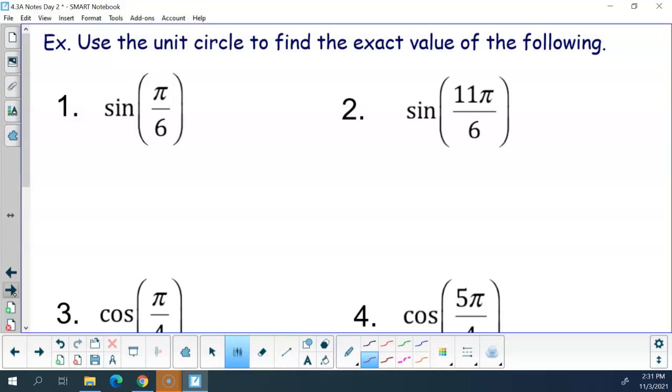So you go to pi over 6 on your unit circle, and you find the sine. Sine is X or Y? Y. Sine is Y, so the sine at pi over 6 would be 1/2.